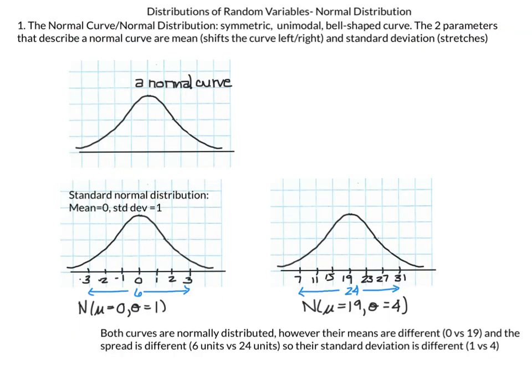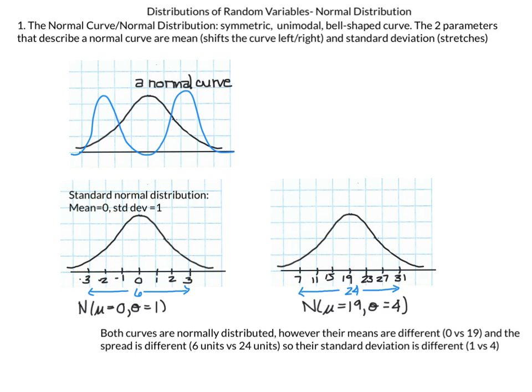We start by introducing the normal curve, also called the normal distribution. It is symmetric, and by that we mean if we take this line as the center, we see that the left side is simply a reflection of the right side. It is unimodal, meaning there is one peak. If it had 2 peaks, something like this blue thing, it would be bimodal.